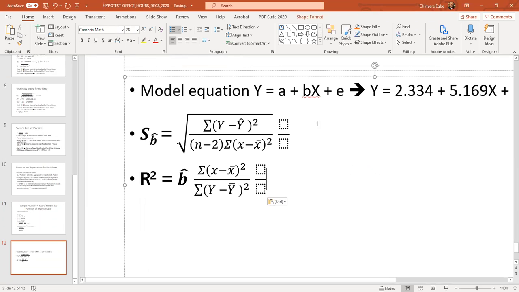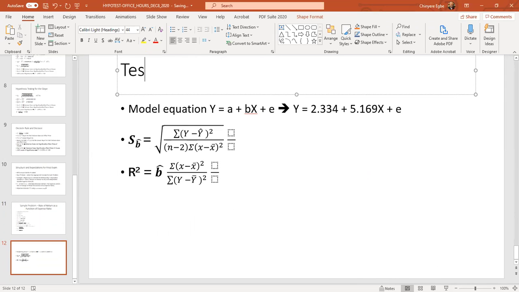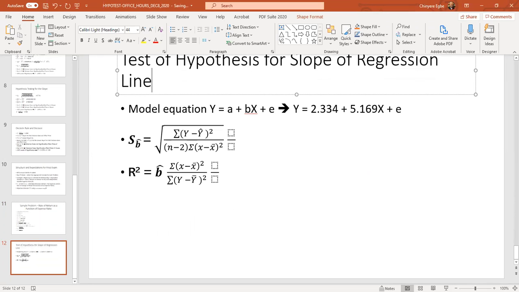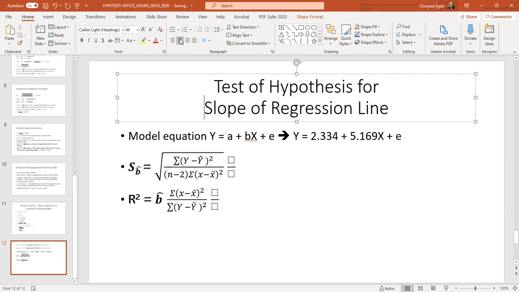So we have the information. This is a test of hypothesis for the slope of a regression line. That is what we are doing.